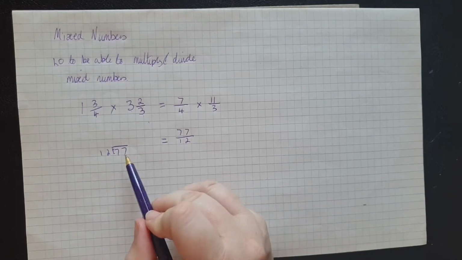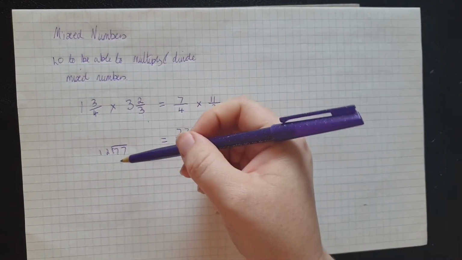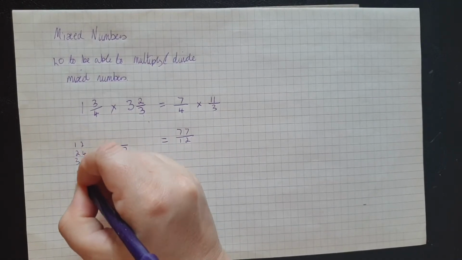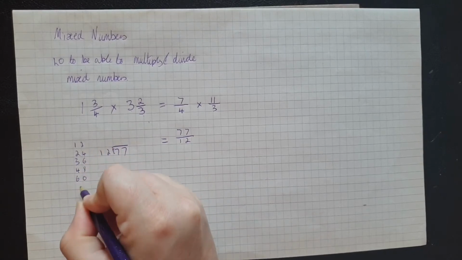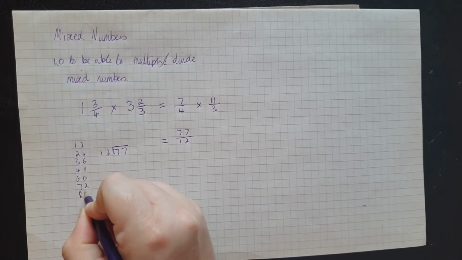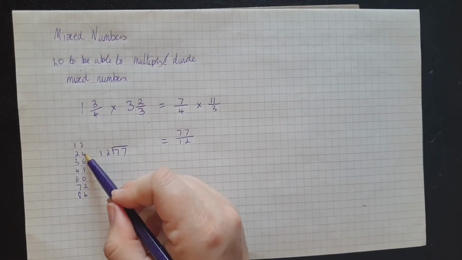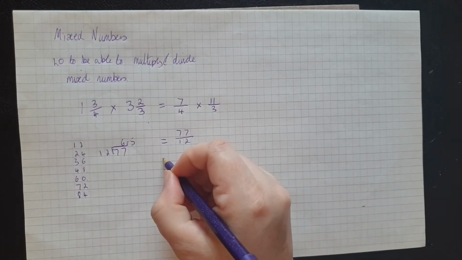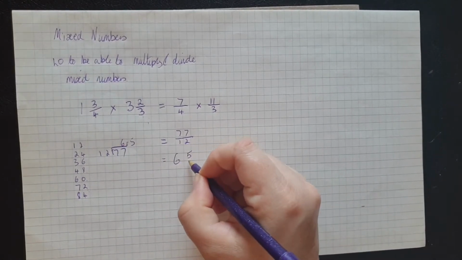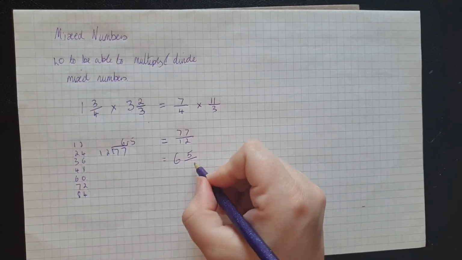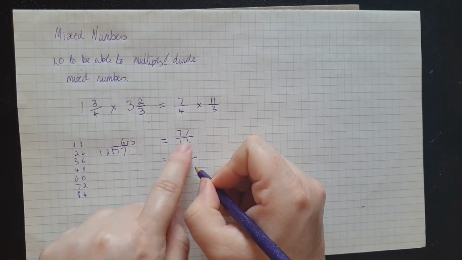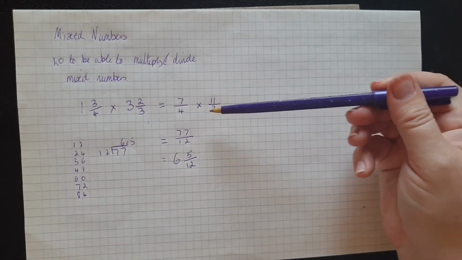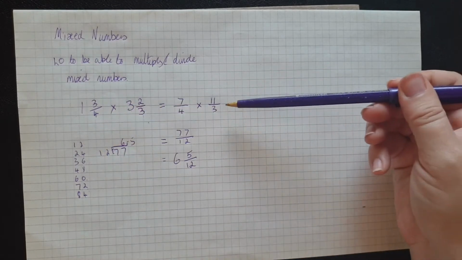Mind blank, forgotten my 12 times table, so whenever you're doing a bus stop division, jot down your times tables. 72. 1, 2, 3, 4, 5, 6. 6 and 5. Oops, lost it. 12ths.